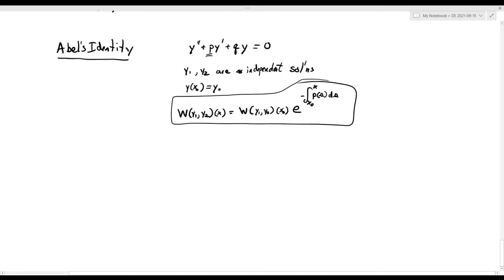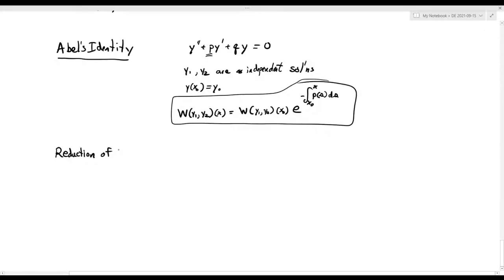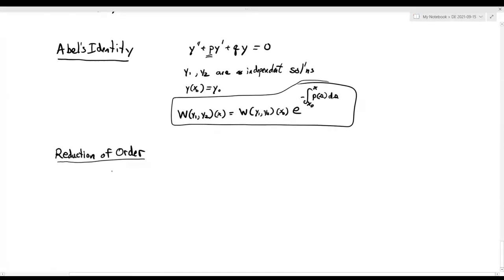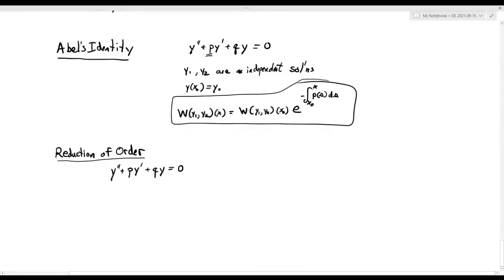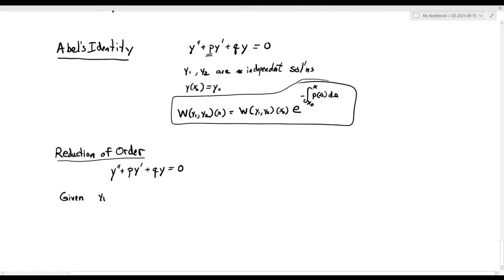What I will talk about next is reduction of order. This is a useful procedure, looking at the second order linear homogeneous differential equation again.